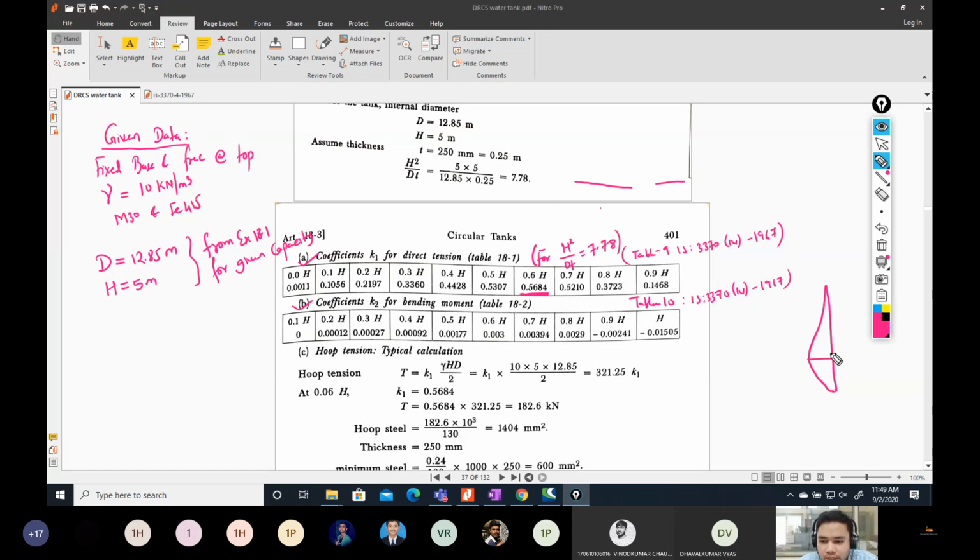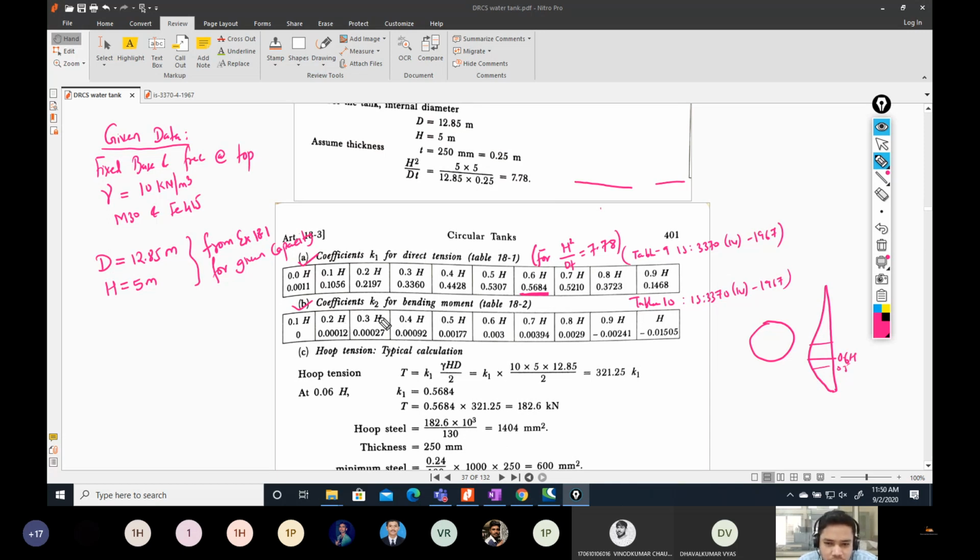So at 0.6h your hoop tension is maximum. You can see this at different heights, this is 0.5 and likewise. So you can have different reinforcement at different heights, because they are provided in circular ring form. At different heights, you can provide this reinforcement of different diameter and different spacing.